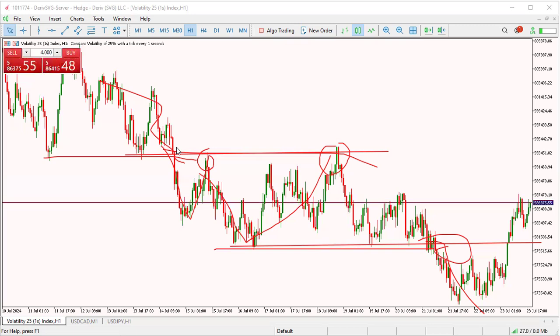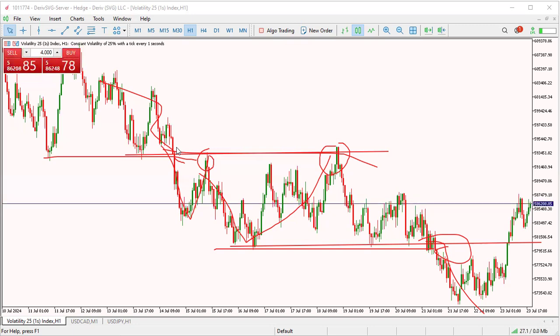Oh, okay. I have a question. What is the difference between boom and crash? Who can help us answer the difference? Can I try maybe? Yes, you can. The difference is that the boom spikes upwards and the crash spikes downward.